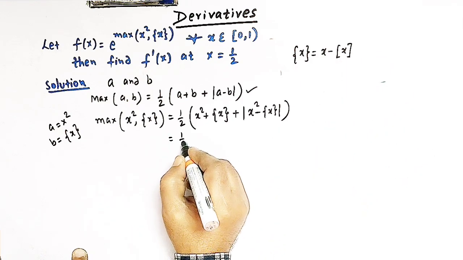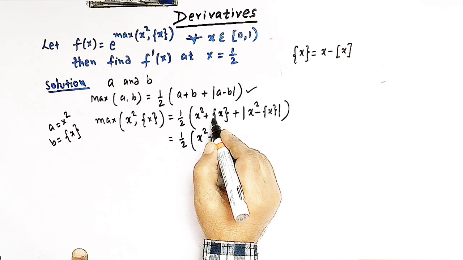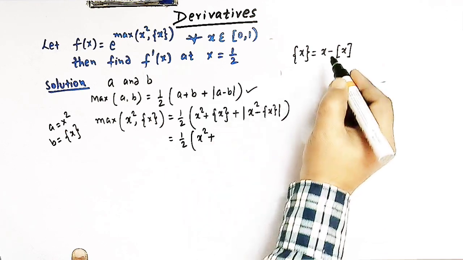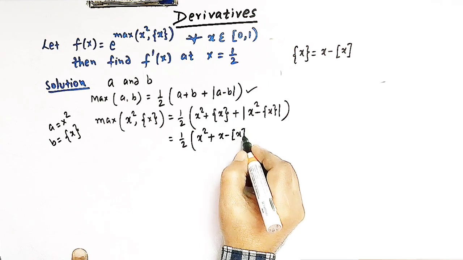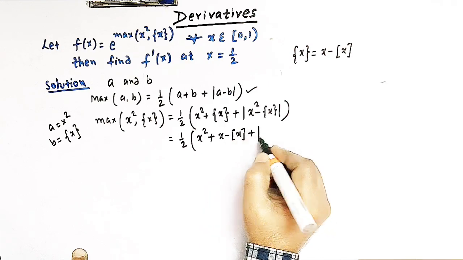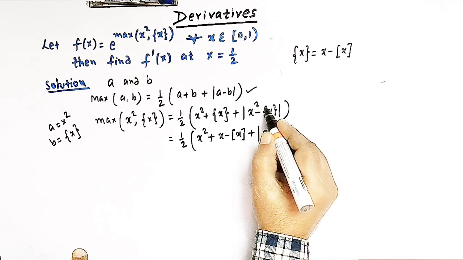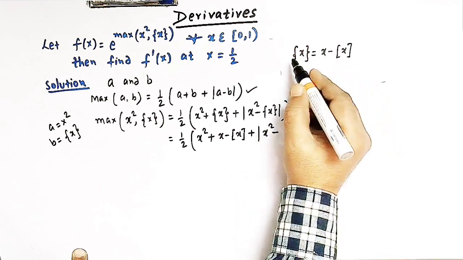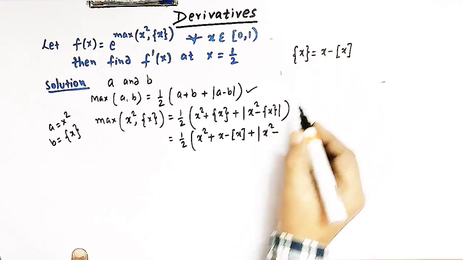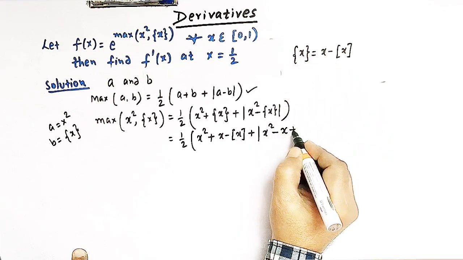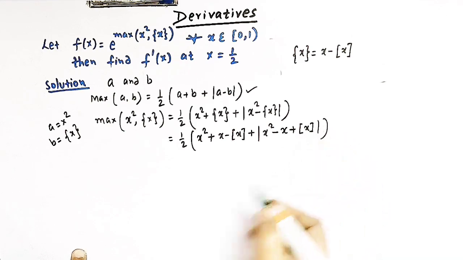So we can now write half, and here we have x square, and for the fractional part of x we can write x minus the greatest integer of x, and then here we have x square minus the fractional part of x. Multiplying the fractional part of x by a negative sign, we have minus x, and then we have plus the greatest integer of x.